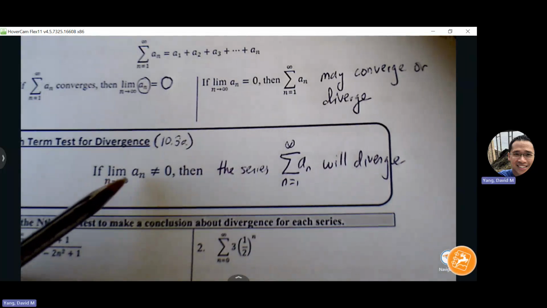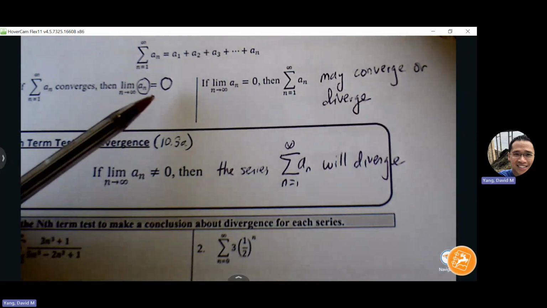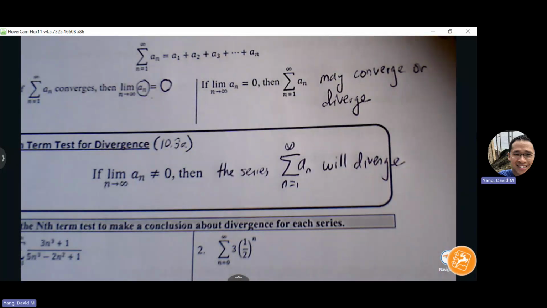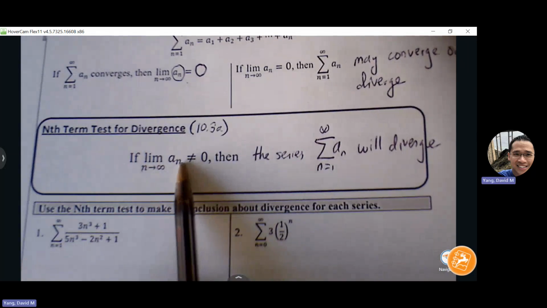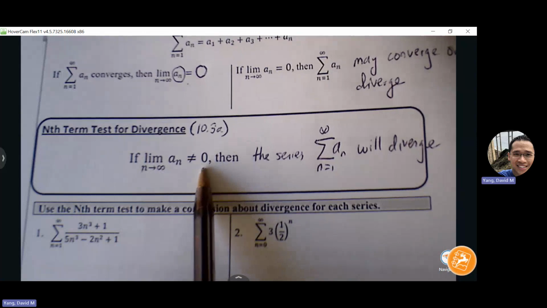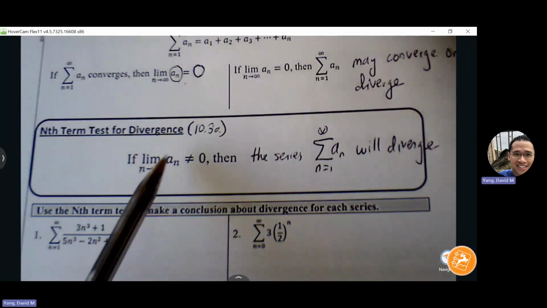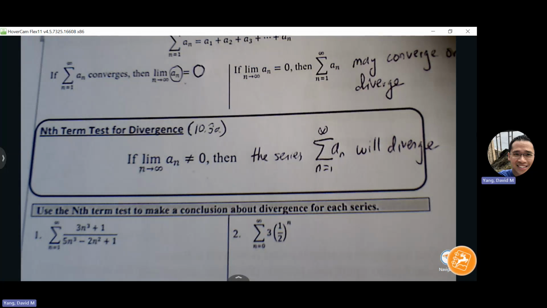But if the limit of A sub n approaches 0, then all we know is that it has a chance to converge, but some additional tests will have to be used to confirm whether it diverges or converges. So this nth term test for divergence is only a one-way test. If we can show that the rule of sequence doesn't get closer to 0, we can just stop the problem and say that the series diverges. But if the limit does approach 0, then all we can say is, okay, it's inconclusive. We may have to dig a little deeper.